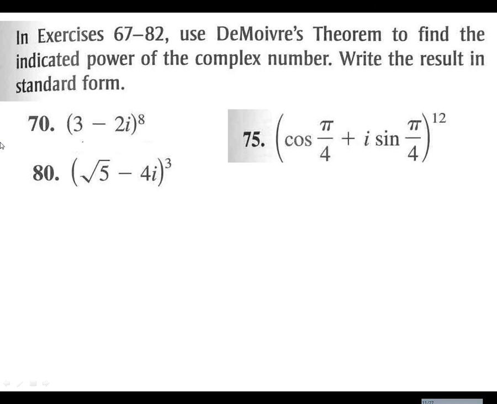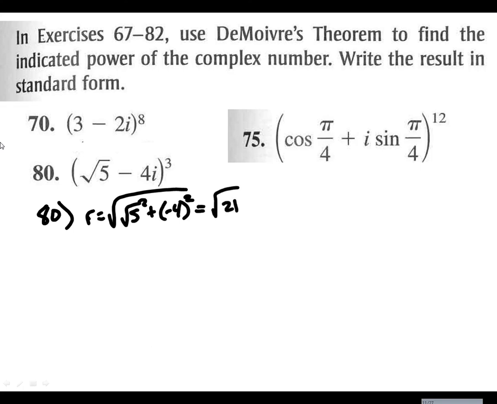All right, problem 80, we're going to turn this into our trig form as well. So r is going to be the square root of rad 5 squared plus negative 4 squared, which is 5 plus 16, which is the square root of 21. And so our theta will be the inverse tan of negative 4 over rad 5.